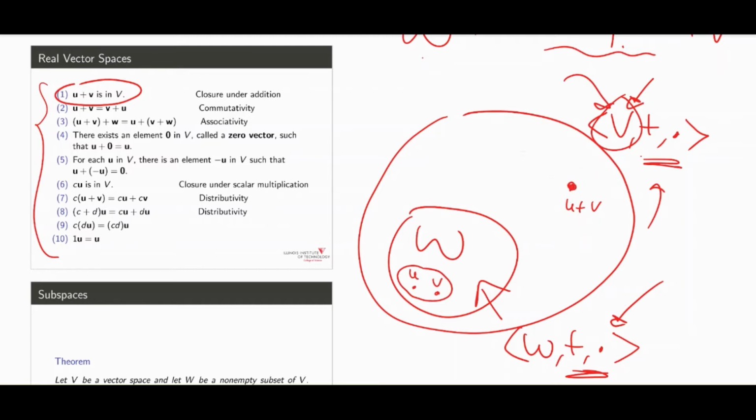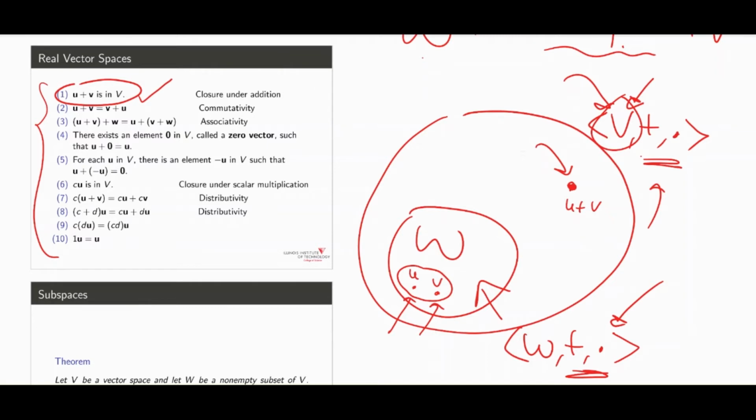So the element U plus V is not guaranteed to be in W. So if you have two elements in W and the sum is no longer in W, then this will never be a vector space, because a vector space has to be closed under addition and scalar multiplication. So you can see that this operation right here is dangerous.